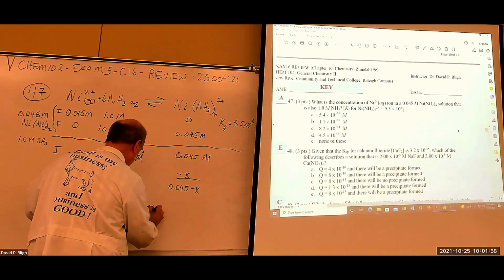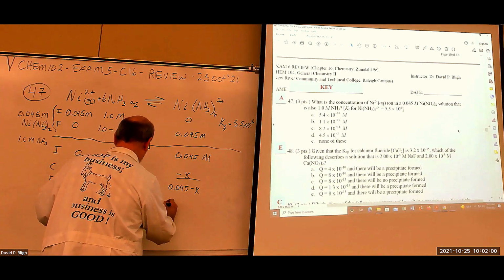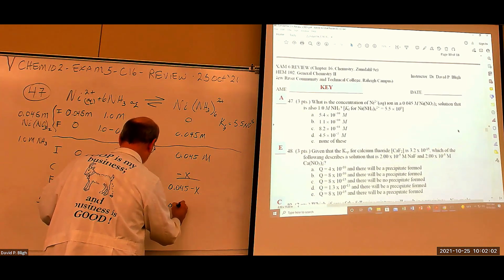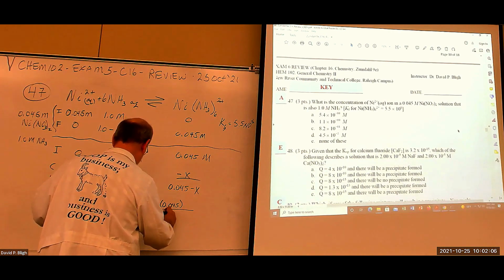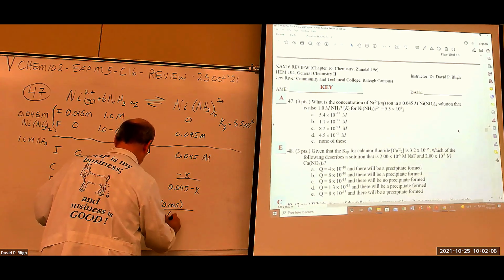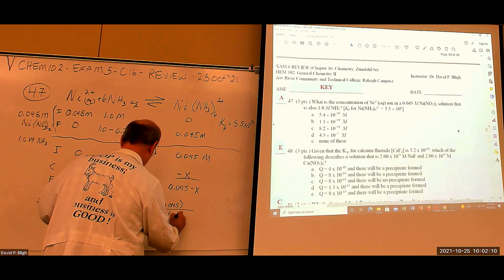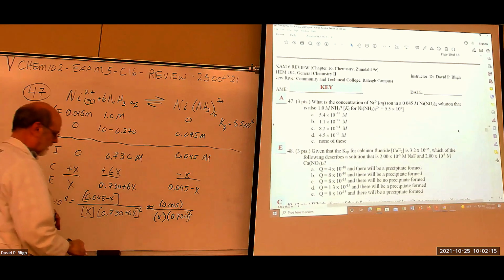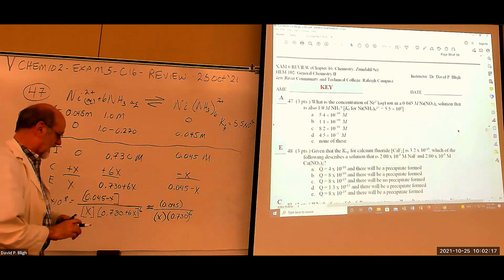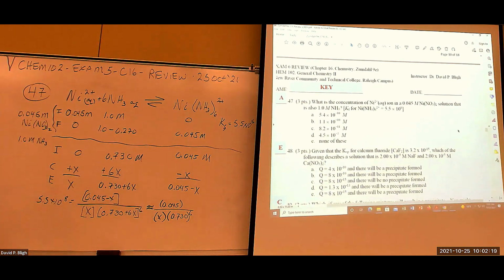So this is approximately 0.045 divided by x times 0.730 to the 6th power. And then we're going to solve for that x. And that should give us 5.4 times 10 to the minus 10.